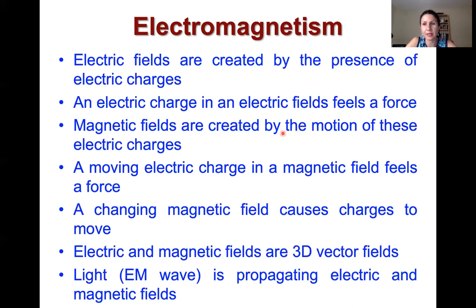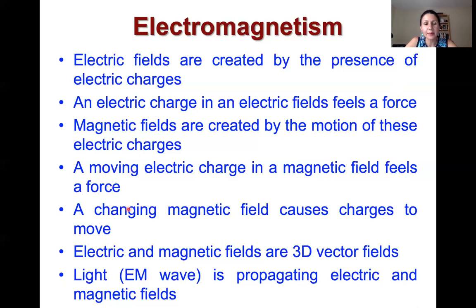We saw, for example, when there was a wire in which current was flowing, that resulted in a magnetic field. Now, a moving electric charge in a magnetic field, so when your charge is the test charge in the presence of that magnetic field, which is generated by some other moving charges, that moving charge will feel a force. So we call that Lorentz force.